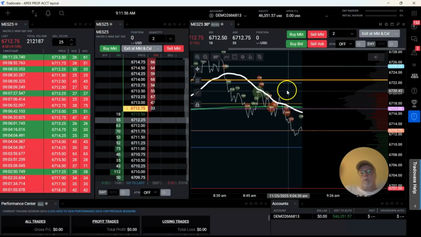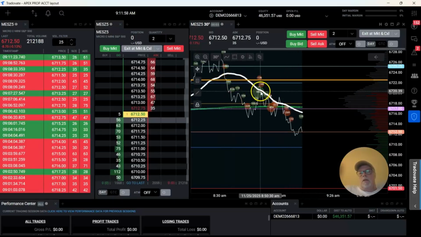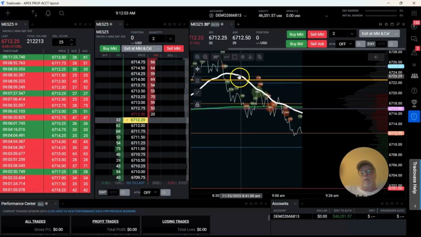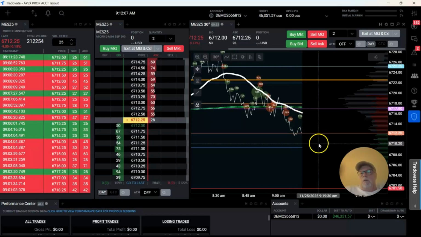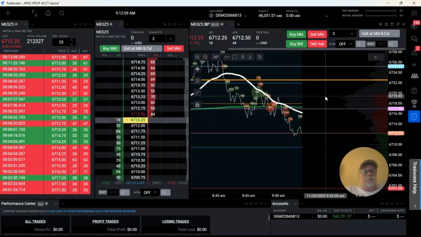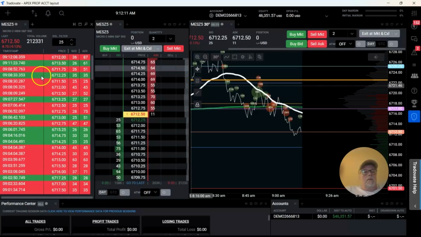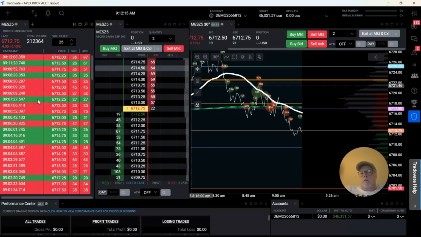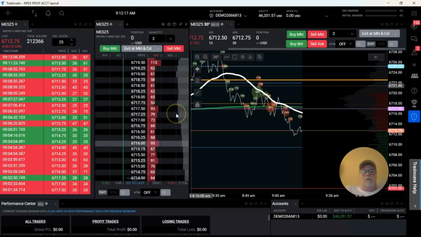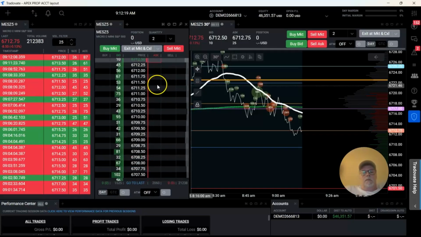We've got some good momentum to the downside. We're respecting the 50 SMA, showing me some momentum to the downside. Sellers are strong. Time and sales. Looking at the DOM.